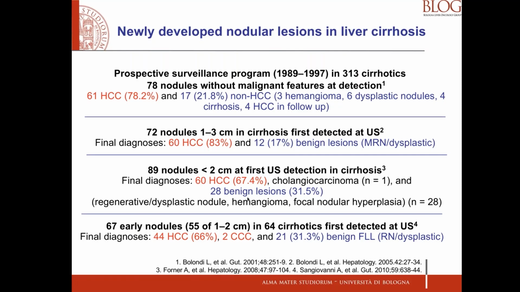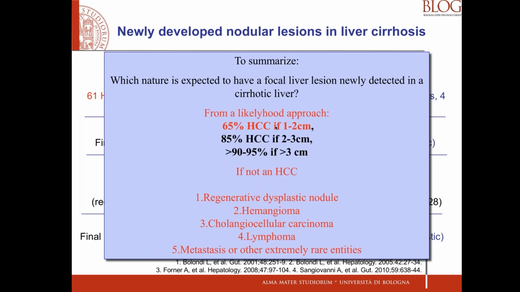So we found the lesion. From a statistical and probability point of view, what do we expect to see? To be very brief, these are different prospective studies run in Barcelona, in Spain, or in Italy, in Milan or Bologna. And to make a summary, from a likelihood point of view, if the lesion is very small, less than 2 centimeters, about 2/3 are already hepatocellular carcinoma.